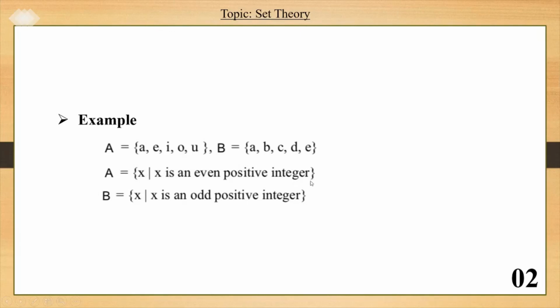This bar we read as such that. Then B is another set: B is equal to the set of all x such that x is an odd positive integer.